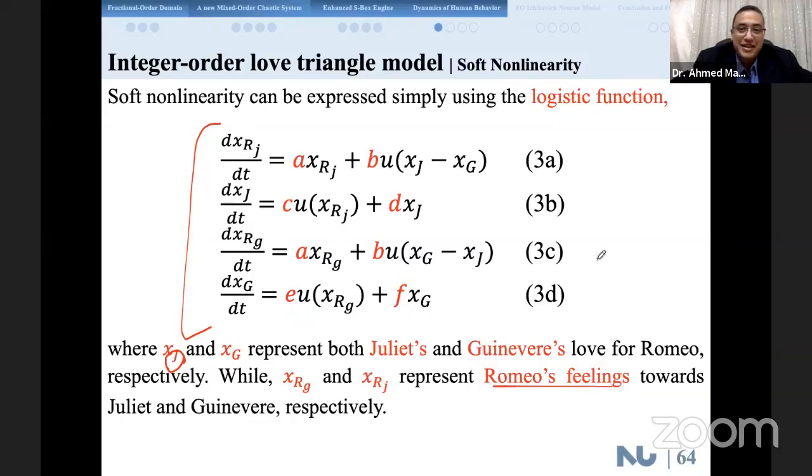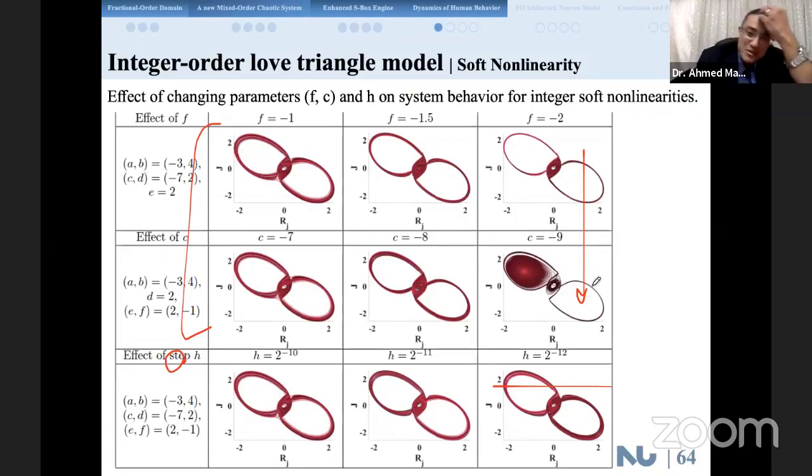Actually, I think maybe we could extend this with 3 or 4 more parameters, because we have only a triangle. If we had a rectangle or something like that, this could be extended more. But we tried to work with this. We tried to study how those parameters could affect the relation between Romeo and the other two subjects, Juliet and Jennifer, by changing the different parameters and seeing how this affected the nonlinearity of the dynamics of the function.